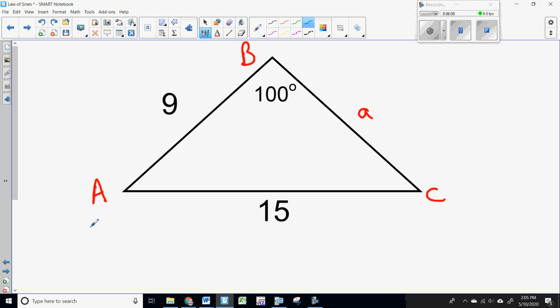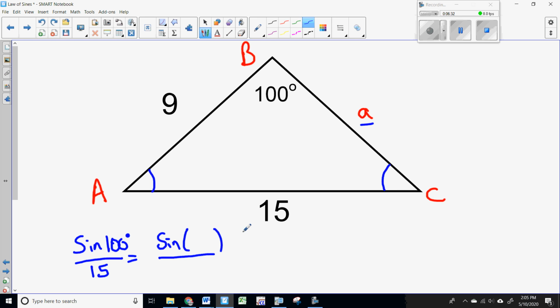We know the sine of an angle divided by the opposite side equals the sine of an angle divided by the opposite side. Well, you notice I don't know angle A and I don't know side A. That's not going to help me. But I don't know angle C, but I do know side C. So I get to here.